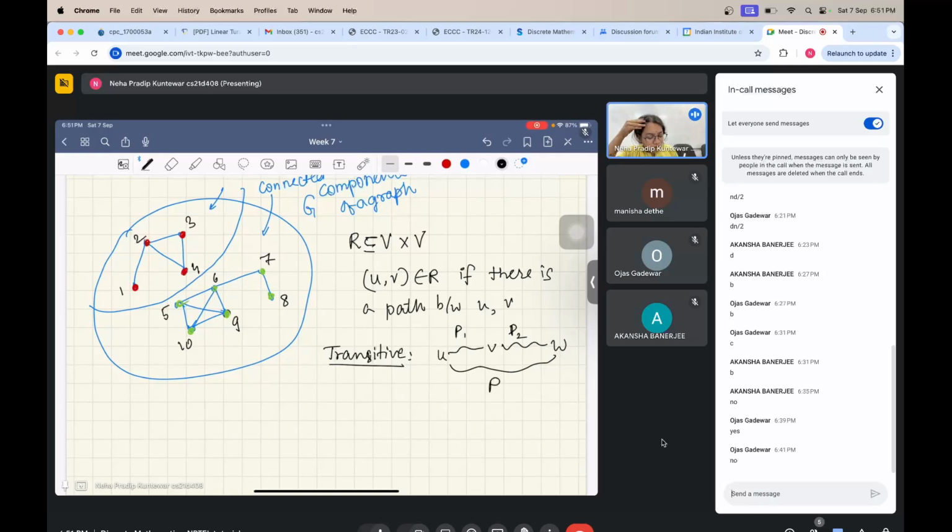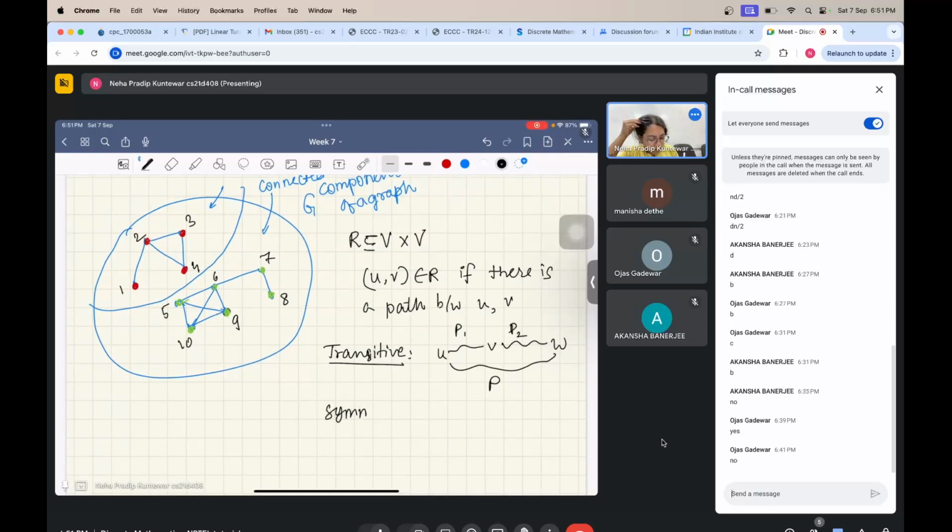So what about symmetry? Notice that we're talking about an undirected graph here. That's why it is symmetric. If you have a path from u to w, then you also have a path from w to u. And what about reflexive? You can always reach a vertex.